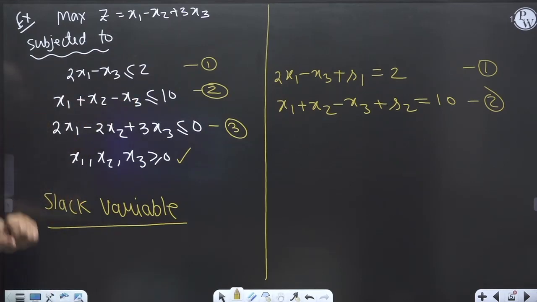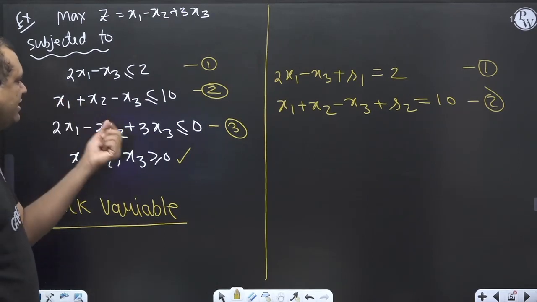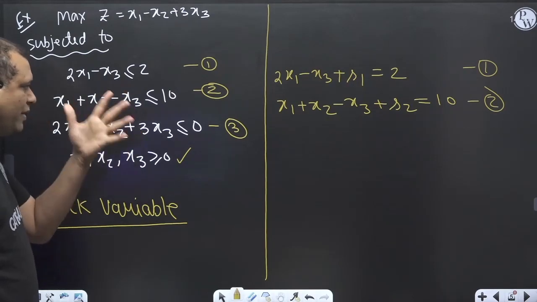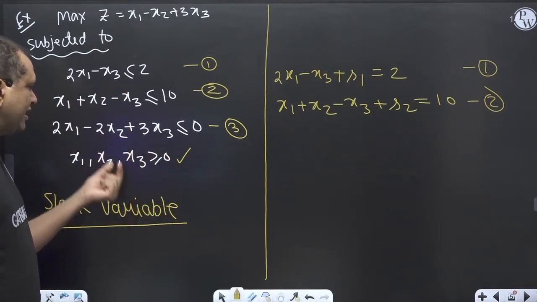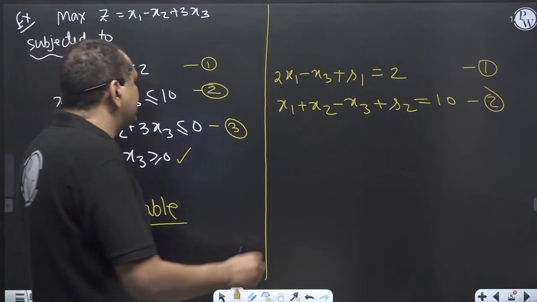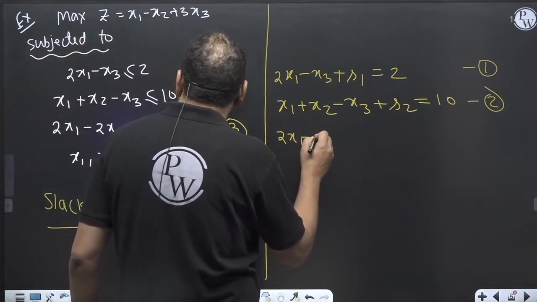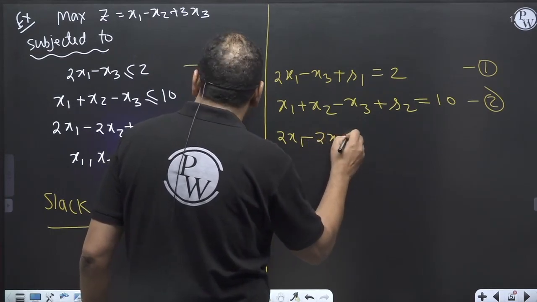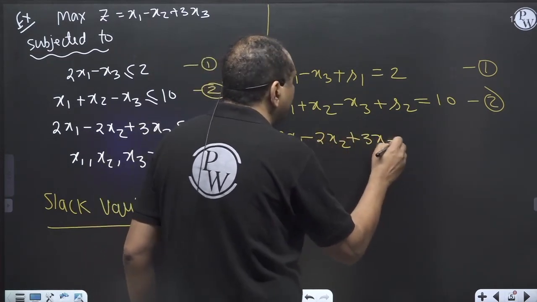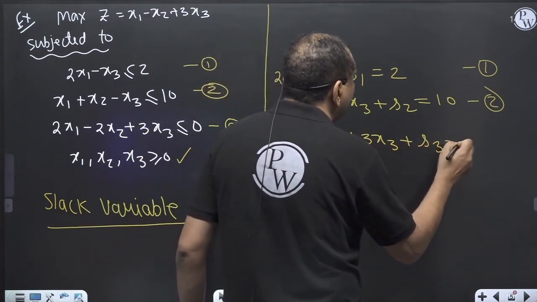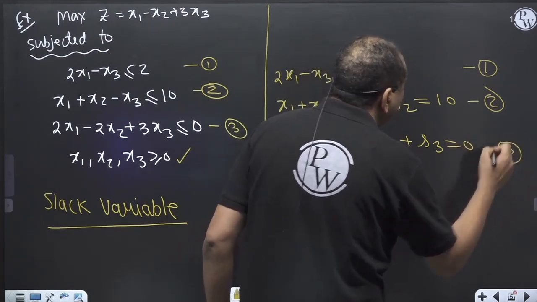That is the second constraint. In the third constraint also the left hand side is slightly less, so make it equal by adding another slack variable on the left hand side: 2x1 minus 2x2 plus 3x3 plus s3 equals 0. That is the third constraint.